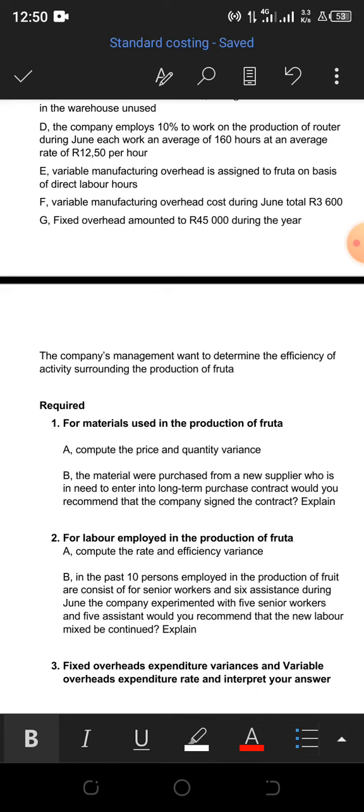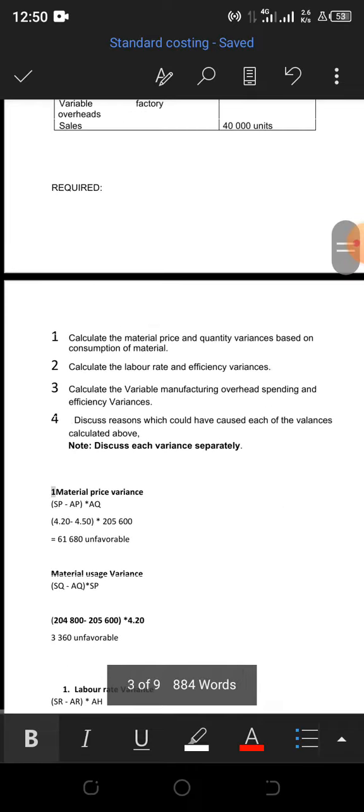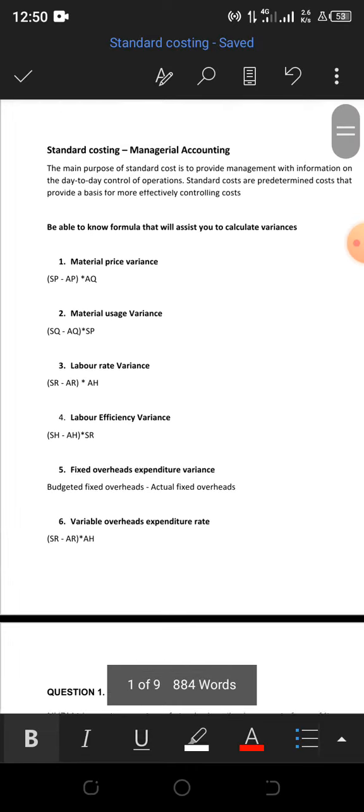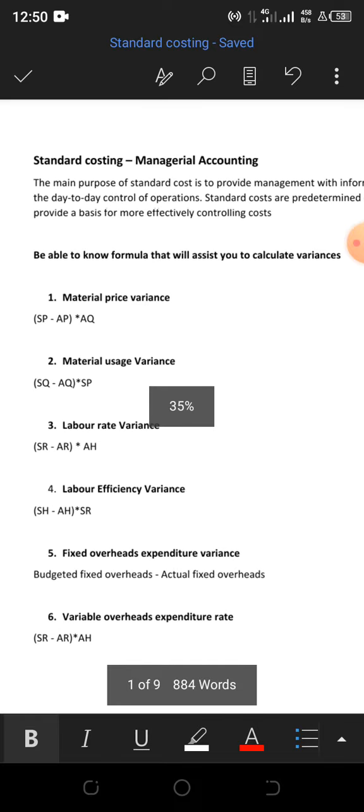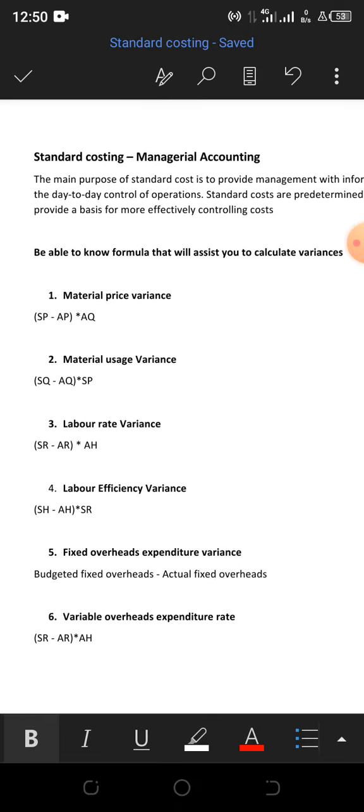Okay, we did this on the first lesson, so let's just go and pick the formula that we are going to use. Okay, when I introduced this chapter, I explained about the use of this formula. So the formula that we are going to use is formula number 1 and formula number 2.